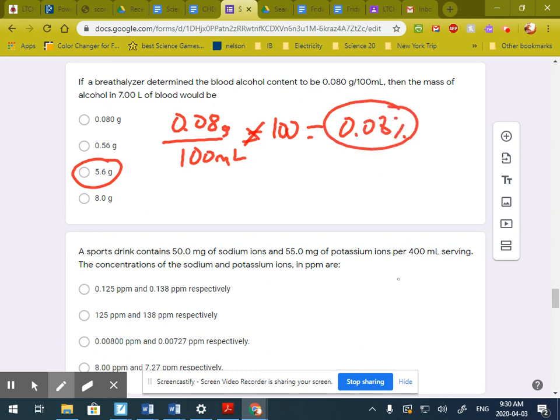So that's the percentage of this system. The percentage in this system is identical. So you would just take 0.08% of 7,000 milliliters because it wants the answer in grams. You turn a percentage into a decimal, and that's what I did up here. That's why I had 0.0008. And you do get 5.6.